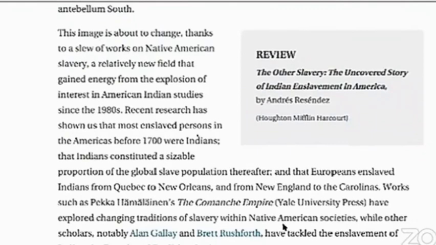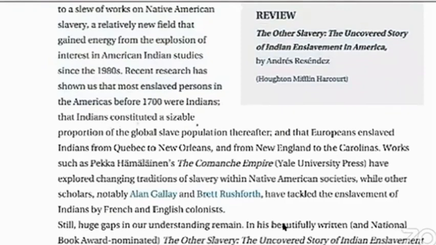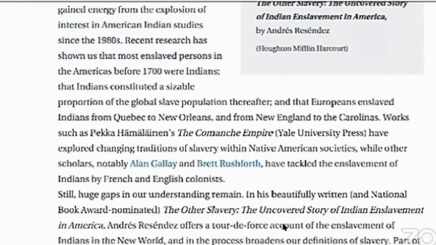"Recent research has shown us that most enslaved persons in the Americas before 1700 were Indians, that Indians constituted a sizable proportion of the global slave population thereafter, and that Europeans enslaved Indians from Quebec to New Orleans and from New England to the Carolinas.